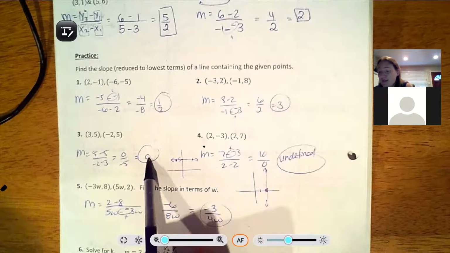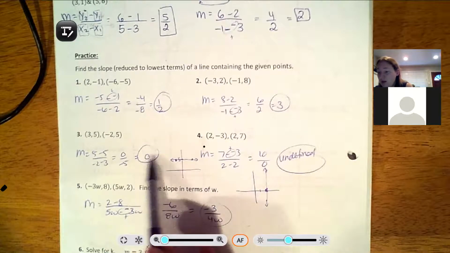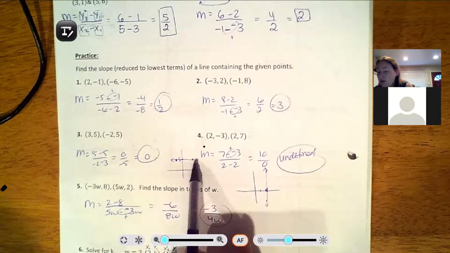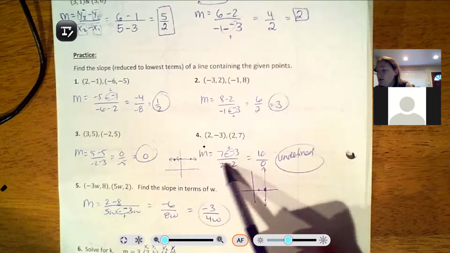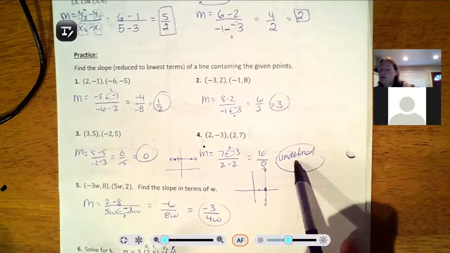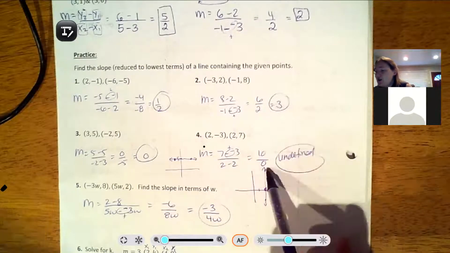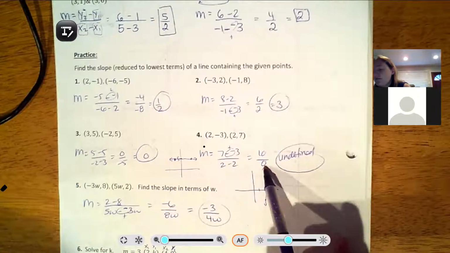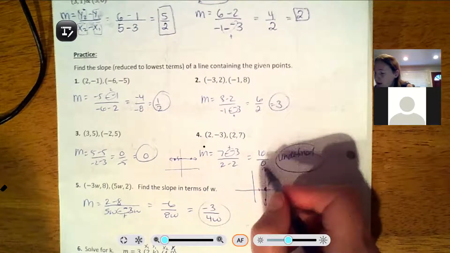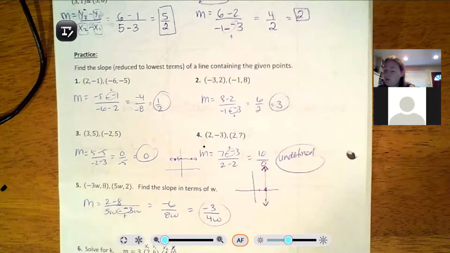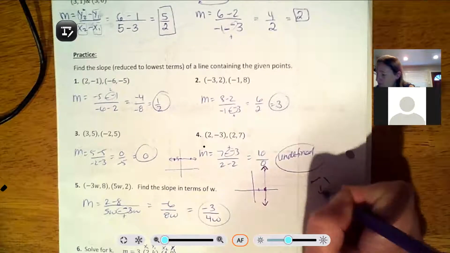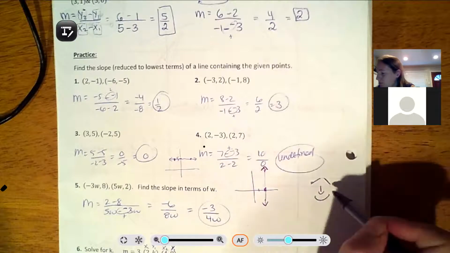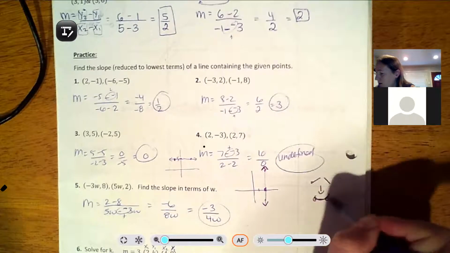If you're not sure if that's undefined or 0, make yourself a little graph and go, oh, that slope is 0. And here, 10 divided by 0. You can't divide by 0. It's undefined. But again, if you're like, is that 0 or is that undefined? Make yourself a little graph and go, oh, that's undefined. It's like the nose. Oops, I kind of drew that a little bit more mouth-like than I meant to.